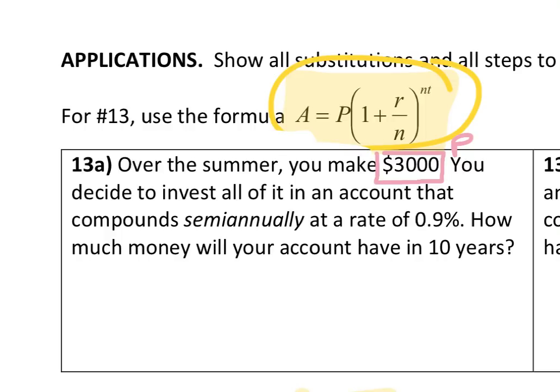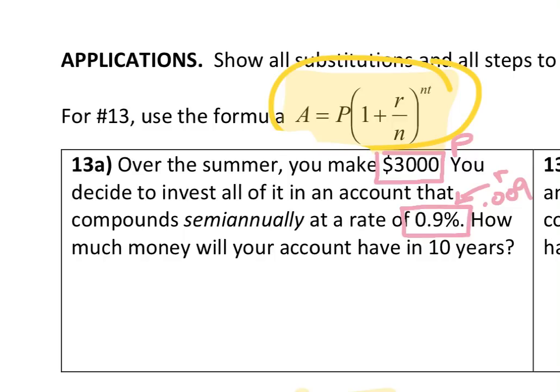And the interest rate of the account where you are investing it is 0.9%. That's R, but remember that R has to be written as a decimal and not as a percent, and so you're going to rewrite that as 0.009. You're going to move that decimal point over 2 places.